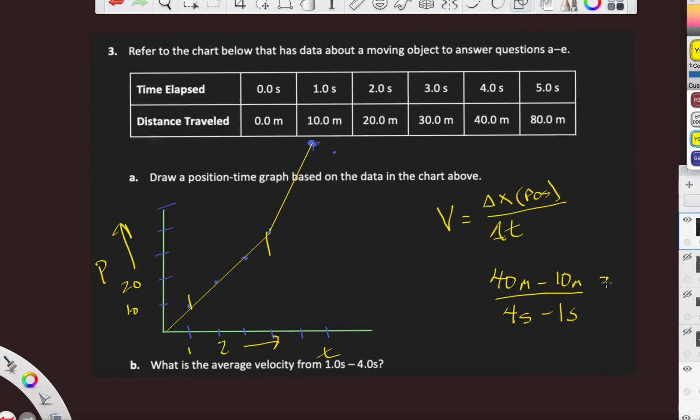So that's 30 over 3. 30 meters over 3 seconds. So my average velocity down here is 10 meters per second. Cool? There it is. Change in position over change in time. That's my velocity. Cool? Let's move on.